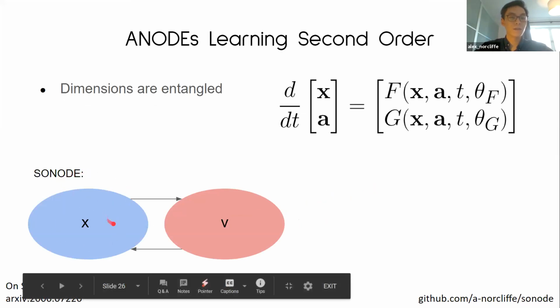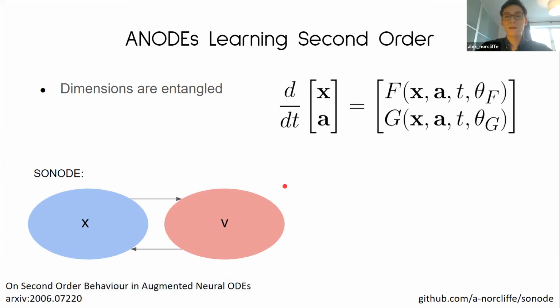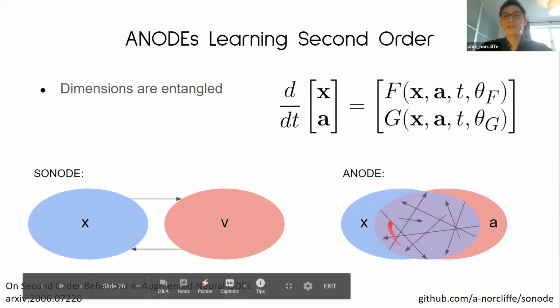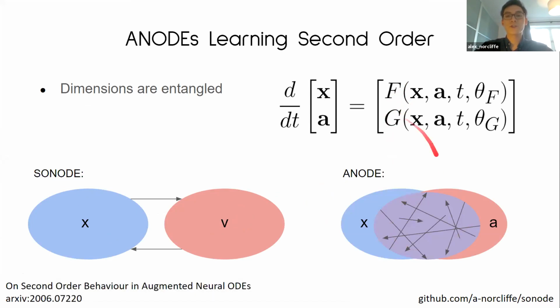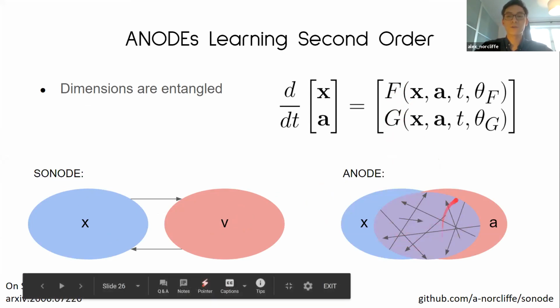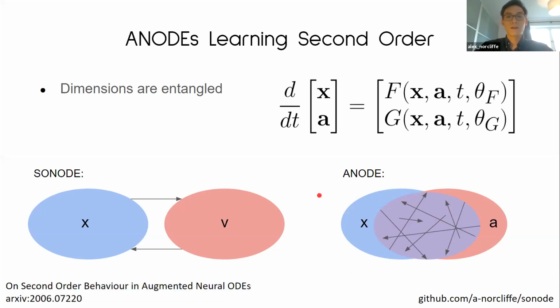SONODE has x and v, and they're very much separated. You have dx/dt is v, and then v learns a different function, an acceleration. Whereas in ANODE, they're sort of overlapping, and they're all entangled in these functions F and G, and there's arrows going all over the place. And again, don't take this too literally. But yeah, so those dimensions are entangled.